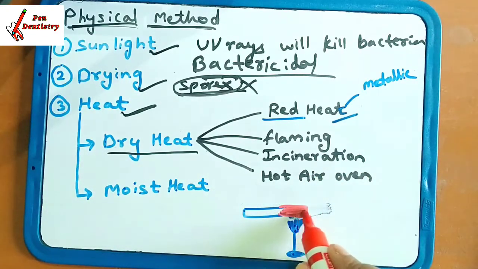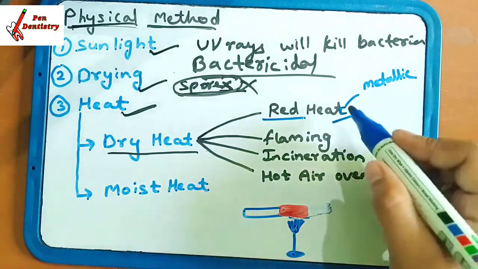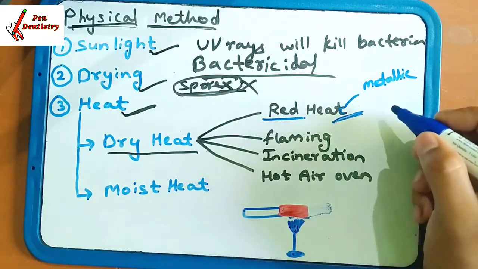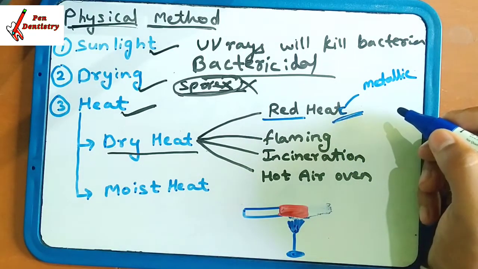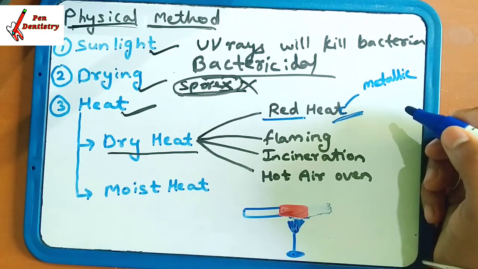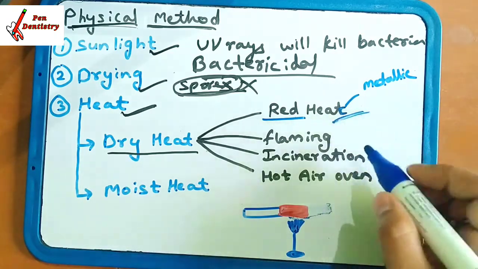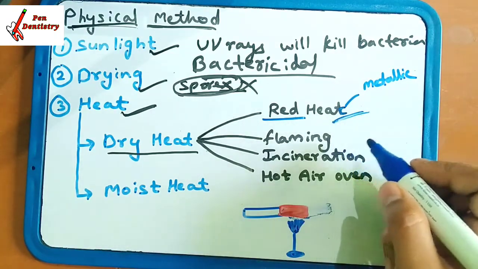And the second one is flaming. In this, mostly needles, wires and forceps are sterilized. Also sterilized are cotton wool plugs, culture tubes and glass slides.